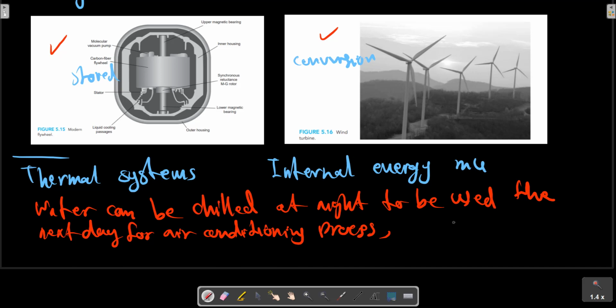A cool pack is placed in the freezer for use the next day.